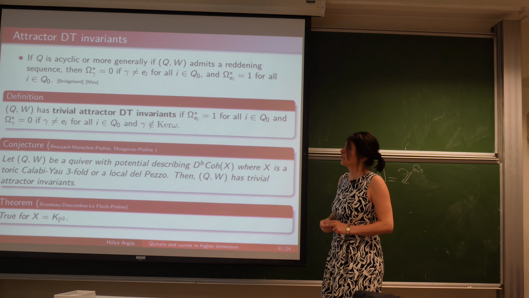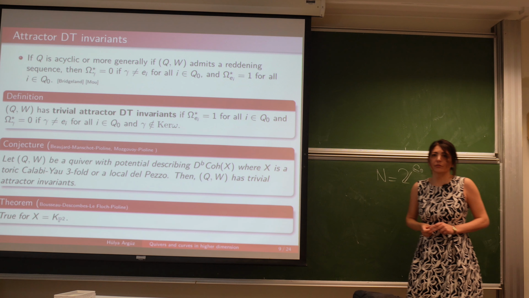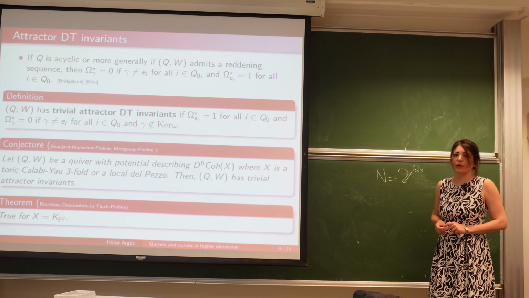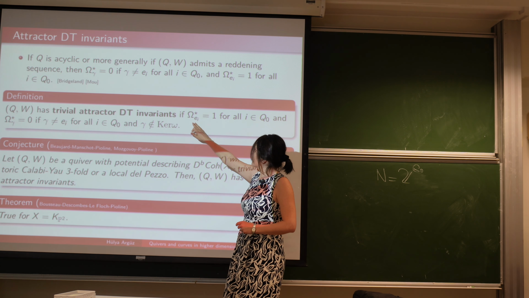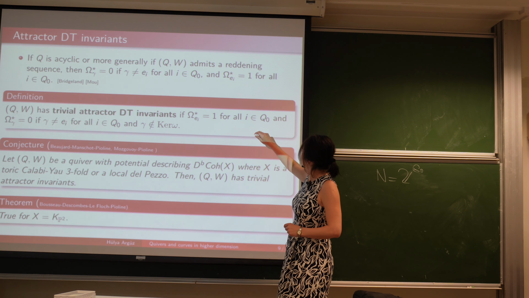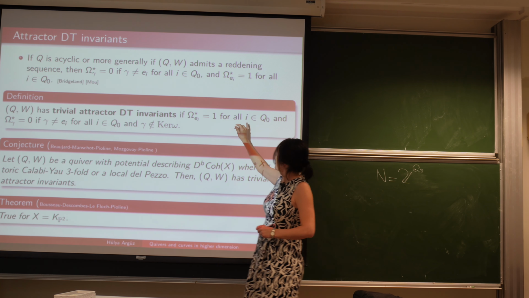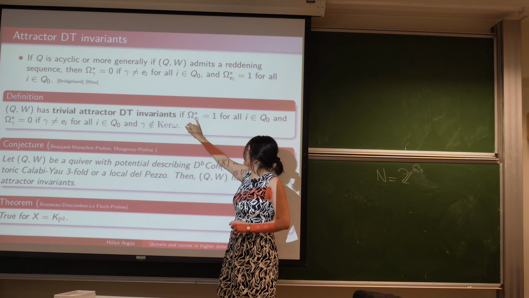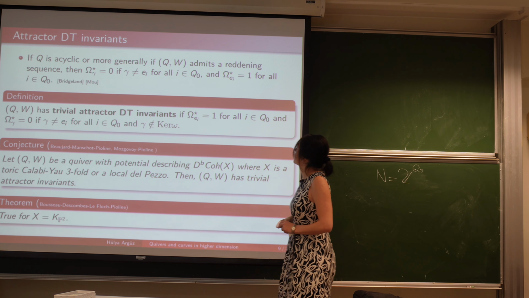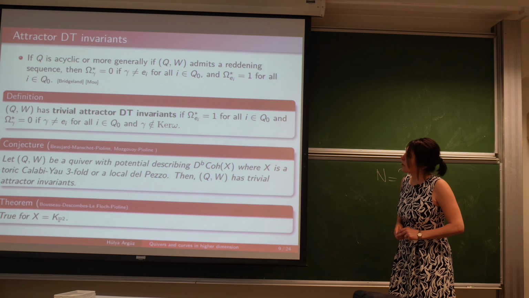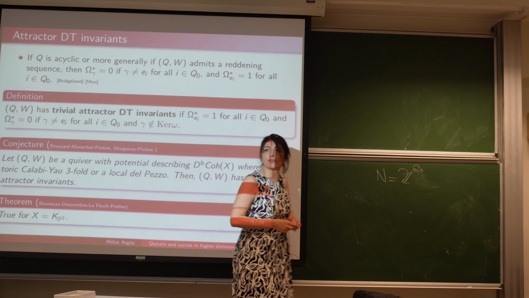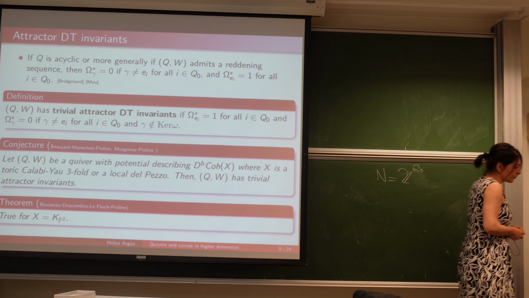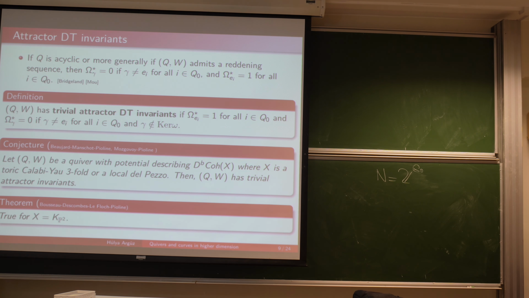The definition of a quiver with potential to have trivial attractor DT invariants is that you want all your quiver DT invariants to be 1 for all i, if gamma is one of the basis vectors, and you want them to be 0 if gamma is not a basis vector. You want this condition to be satisfied only for those gammas which are not in the kernel of your skew-symmetric form omega.